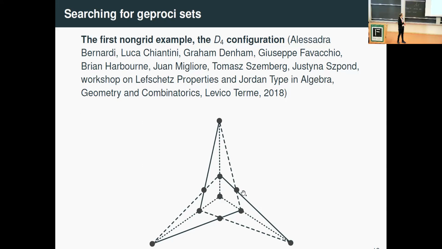Here we see 7 vertices, and the other one is hidden behind. So we take these 8 vertices, then we add the points which are the centers of all the faces of the cube, and we add the middle point of the cube. So altogether, these are 12 points, and these 12 points form a D4 configuration.